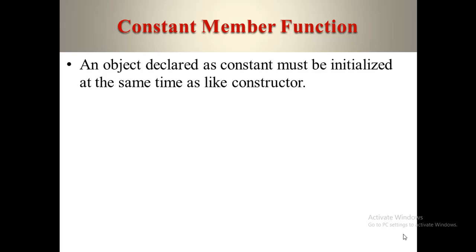An object declared as constant must be initialized at the same time, as we do in the constructor. When we create the constructor, we initialize the data members. In the same way, when we create a constant object, we have to initialize it immediately while declaring it as constant.